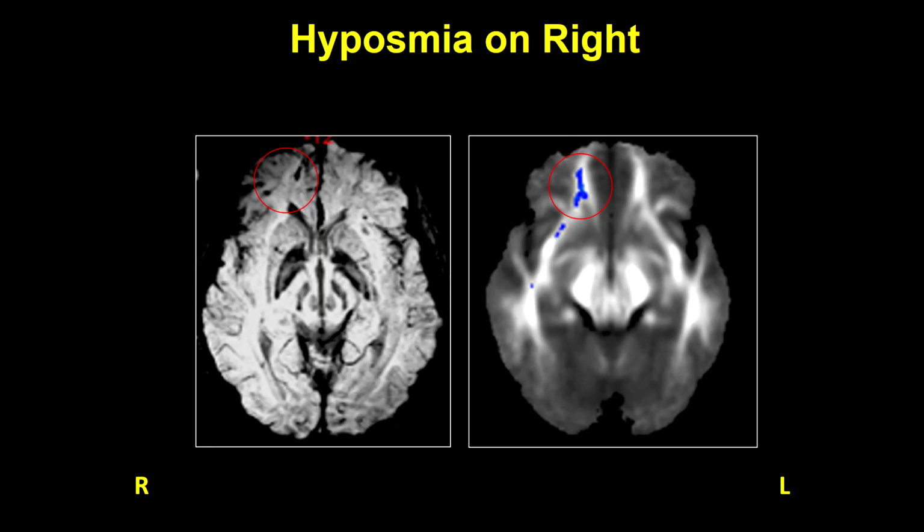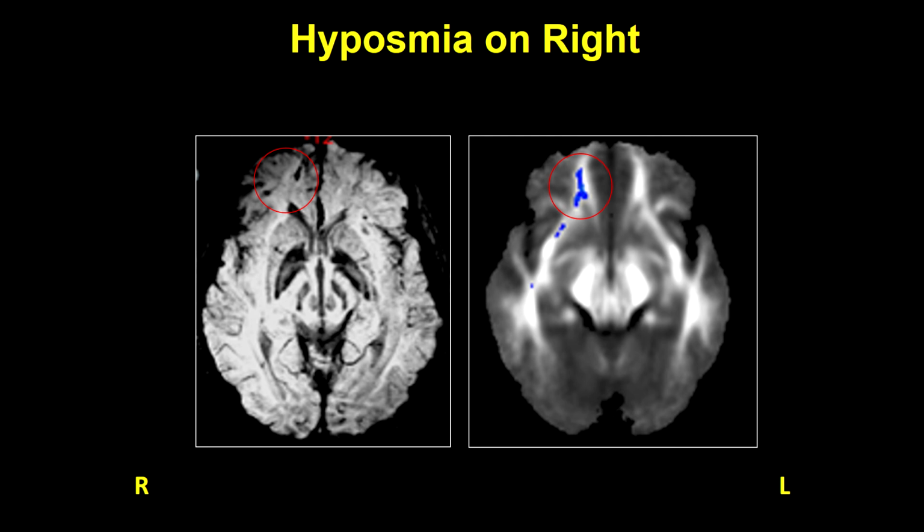Now, just to show you some of the nice correlations, she had virtually no sense of smell in her right nostril, and we can understand why. The right frontal lobe was damaged. We can see that on SWI and DTI.